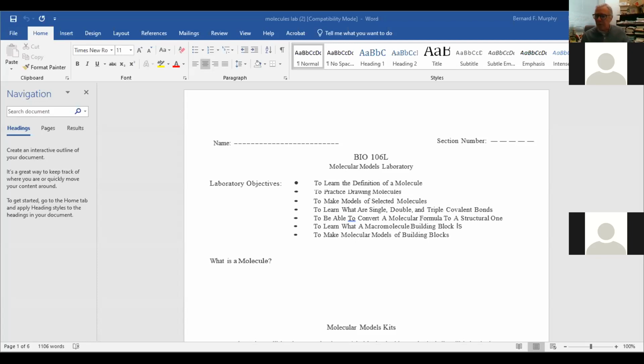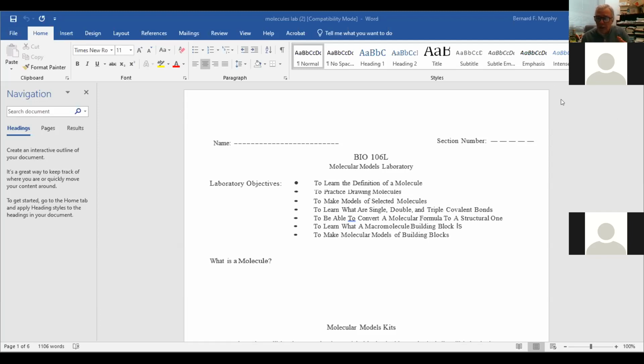About 95% of the bodies of living things are composed of molecules made up of those 4 atoms. And there are bonds, little plastic sticks that we use to put the atoms together to make these molecules.